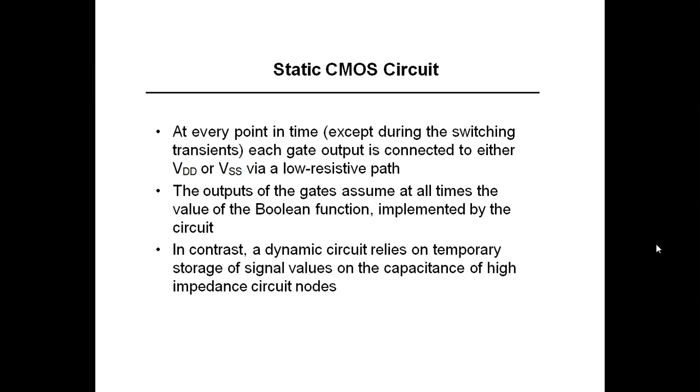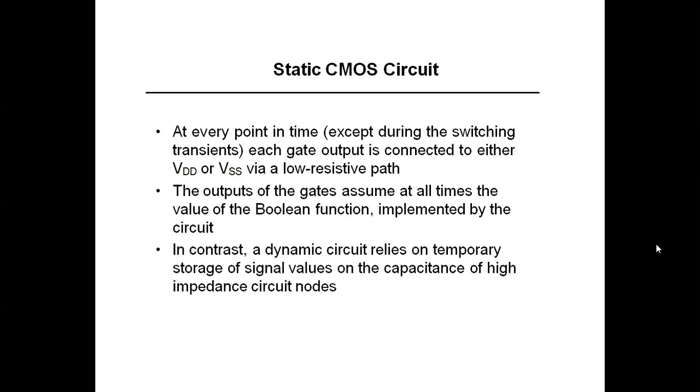At every point in time, except during the switching transients, each gate output is connected to either VDD or VSS through a low resistive path. VDD means the positive high voltage. VSS can be ground zero or maybe minus VDD, that means the negative maximum voltage.